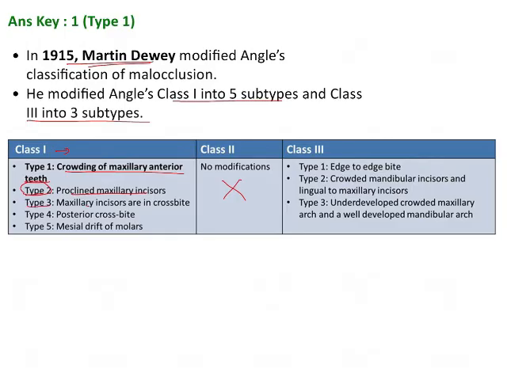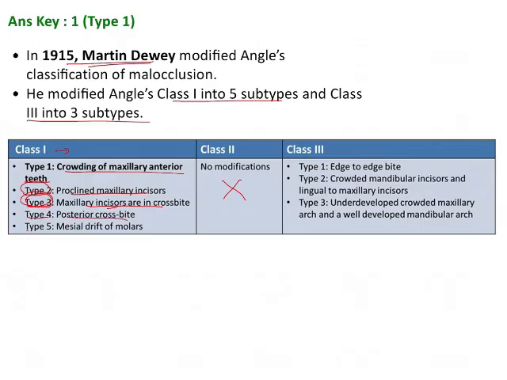Type 3 has maxillary incisors which are in crossbite. So the upper incisors are usually retroclined while the lower incisors are normally placed, and the maxillary incisors are in crossbite. Again you can remember that in class 3 cases usually we see an anterior crossbite, so you can try to remember this by relating it to that.